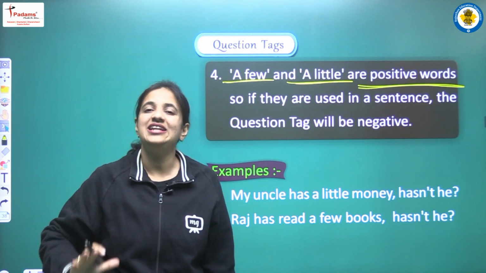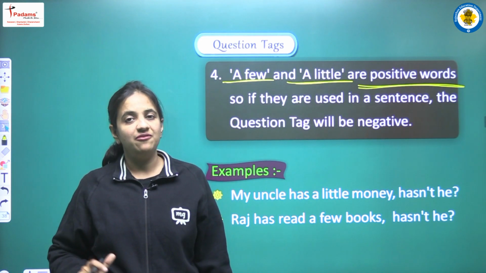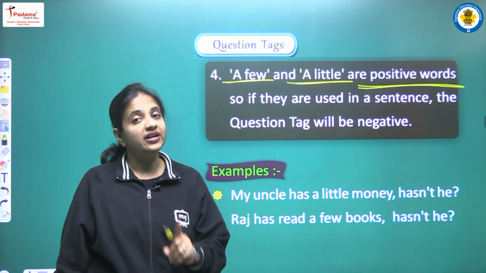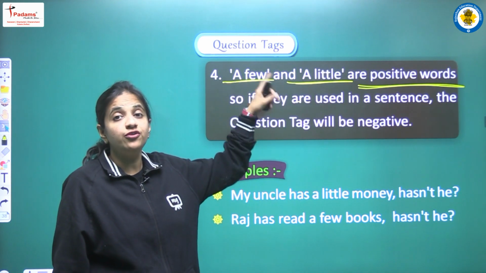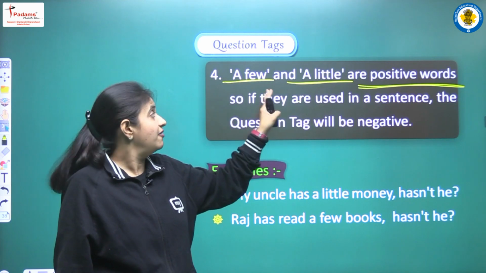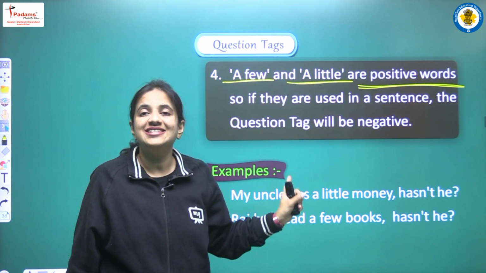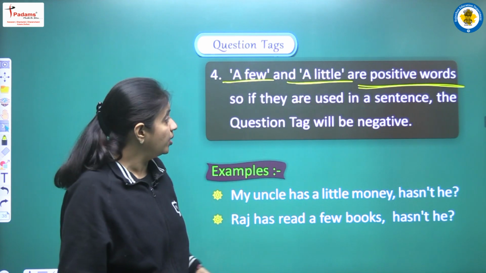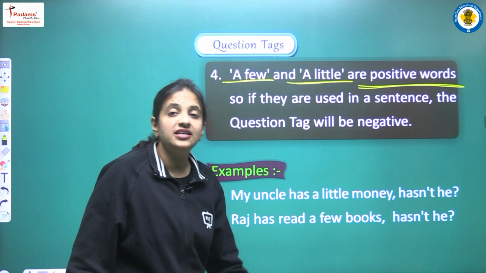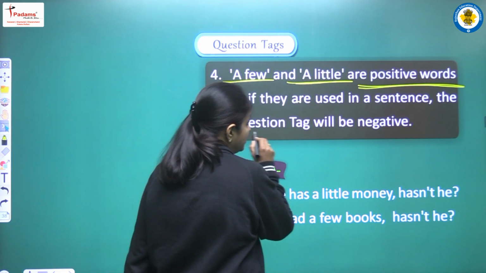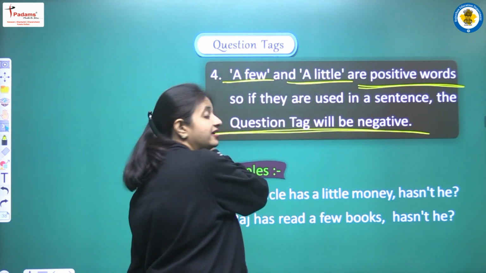Students, don't get confused. If we are having little and few, so yes, they are negative words, but if we are having "a" before few and little, if we are having a few and a little, then now these words are considered as positive words. So now because of this, the sentence is also considered as a positive one. So the question tag will be negative.